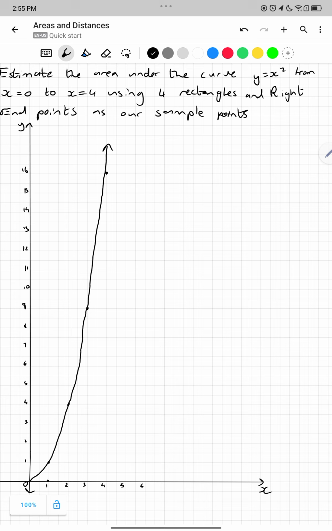So to sketch the rectangles, the rectangles will be as follows.